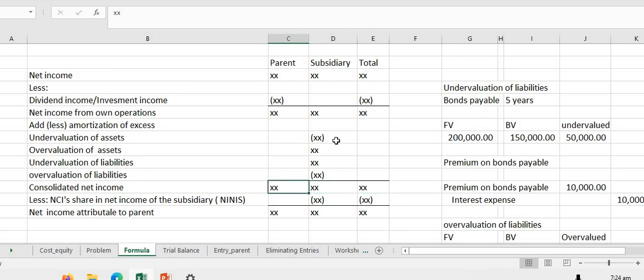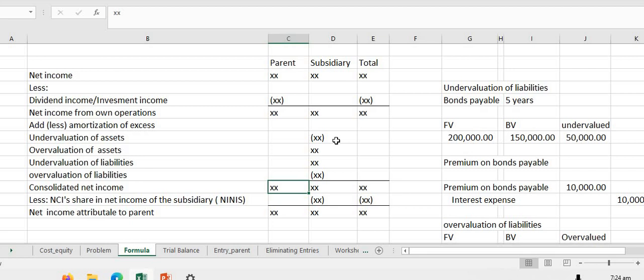Okay, so if it's 100% acquisition, of course, all the net income of the subsidiary shall accrue to the parent. So walang share si non-controlling interest. However, if it's a partially owned subsidiary, or acquisition less than 100%, may share si parent sa net income ni subsidiary.